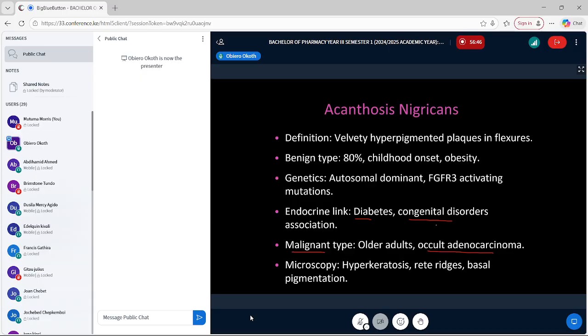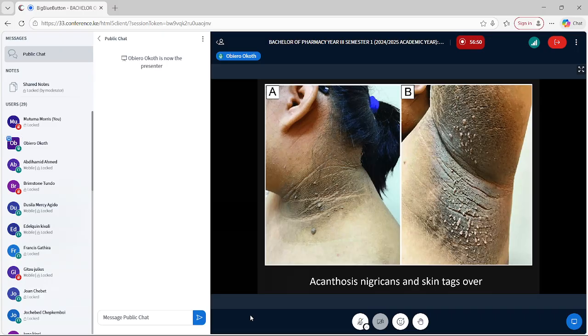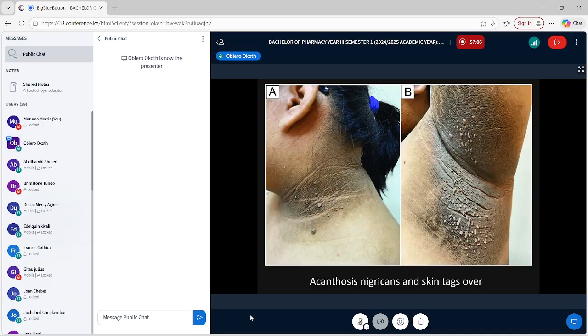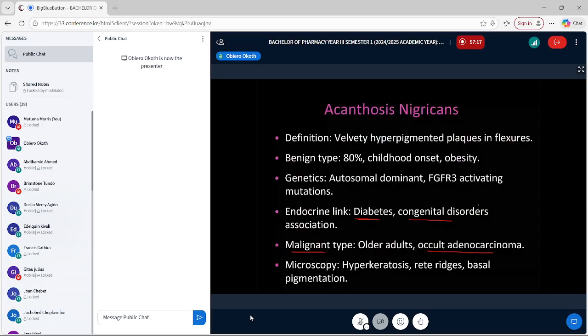Like this one, this is a patient with, if you remember, polycystic ovarian syndrome. In polycystic ovarian syndrome, diabetes is normally just around the corner because these patients do have hyperinsulinemia with insulin resistance. Yes, so these are dark brownish plaques. This patient also has skin tags around the neck and around the axilla.